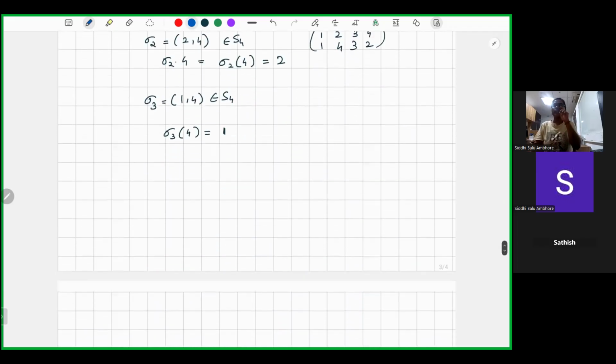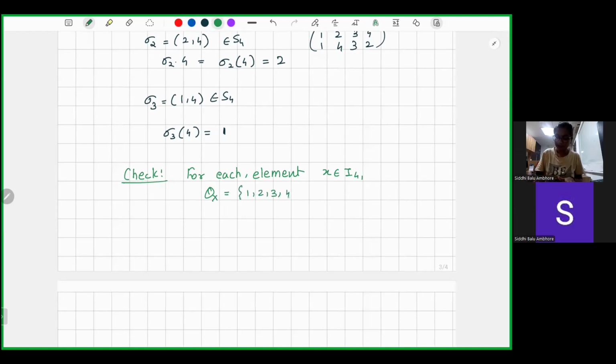So that's how it works. Now let me give this as an exercise. Check that for each element X in I4, OX is this set {1, 2, 3, 4}.